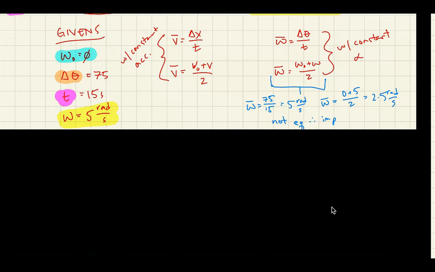Therefore, impossible. If this were in fact constant acceleration, then these two values would be equal to each other. Because they're different, this situation cannot be constant acceleration. Either that, or the numbers themselves are off.